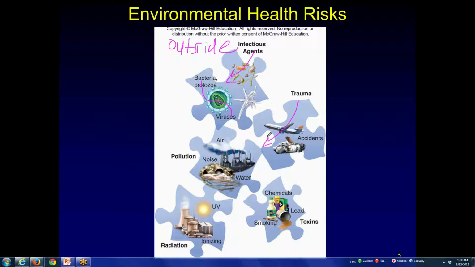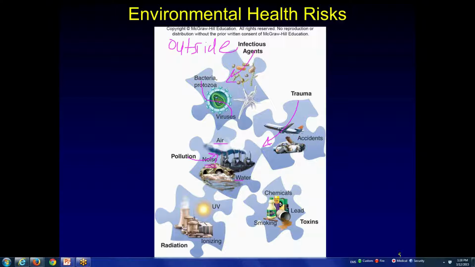It could be work-related. It could be car accidents. Could be sporting injuries. Those are trauma. Pollution, right? Air, noise, water pollution. There are a lot of different forms of pollution that come in, not just air or water, even noise. Even light pollution could affect your health.